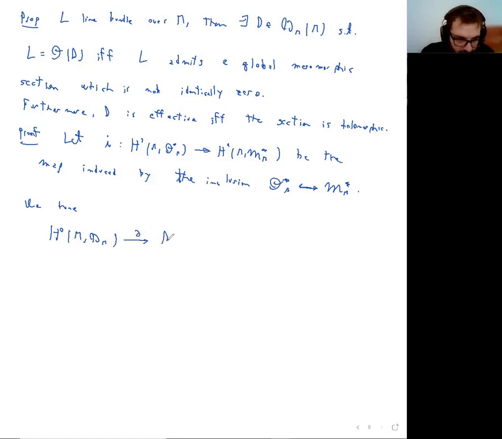Here we have the snake lemma map, and here we just include. And this one is exact. And why is this one exact?